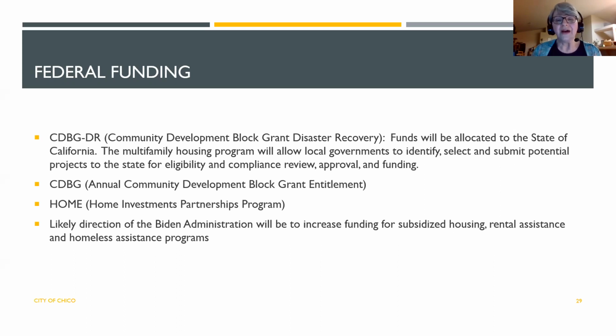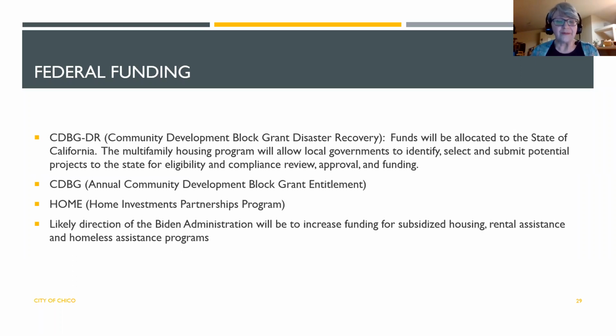The multifamily housing program will allow local governments like Chico to identify, select, and submit potential projects to the state for eligibility and compliance review, approval, and funding. In addition, the city is an entitlement grantee for CDBG, Community Development Block Grant, and a participating jurisdiction in the Home Investment Partnership Program.